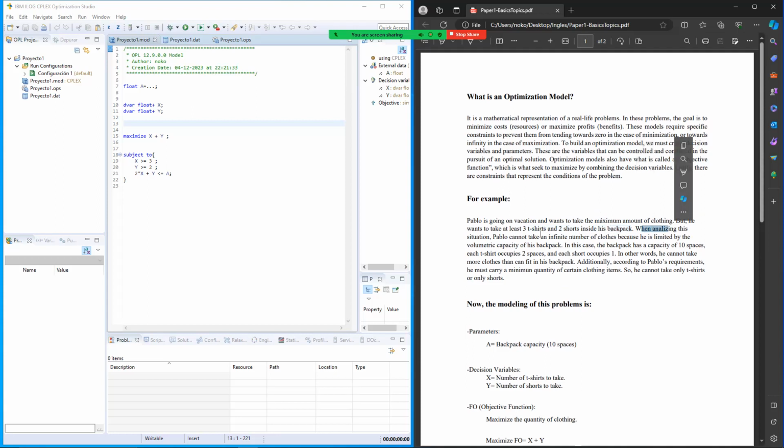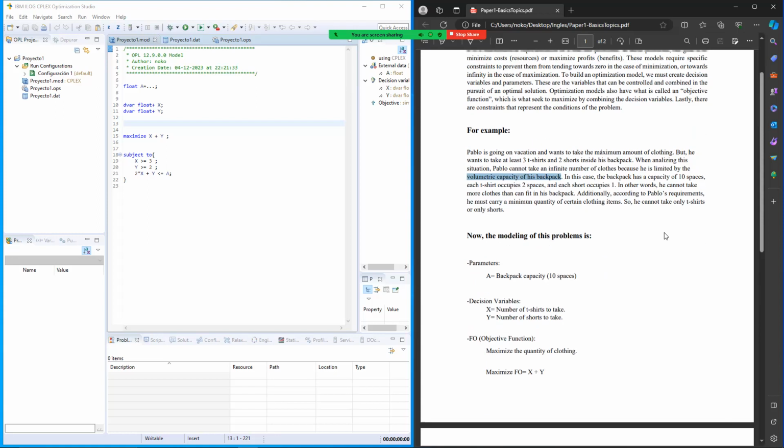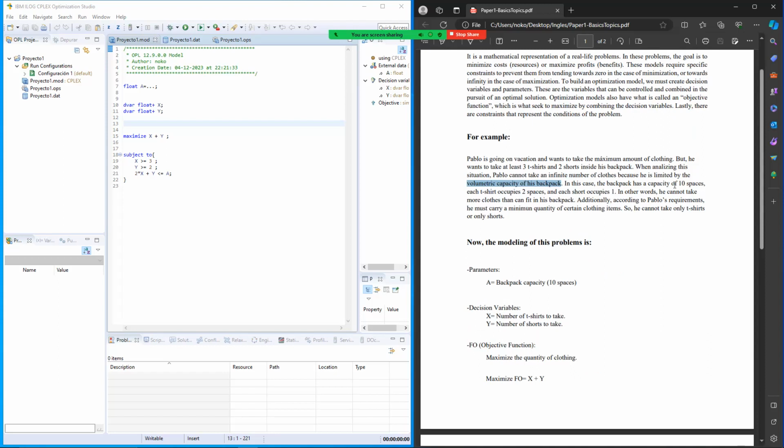When analyzing this situation, Pablo cannot take an infinite number of clothes because he is limited by the volumetric capacity of his backpack. The capacity of his backpack is 10 spaces. Each t-shirt occupies 2 spaces and each pair of shorts 1 space.